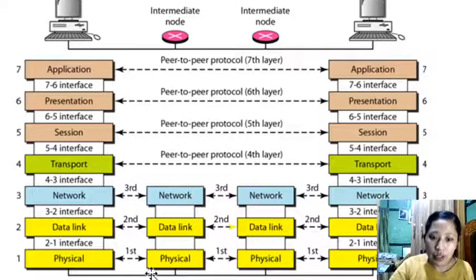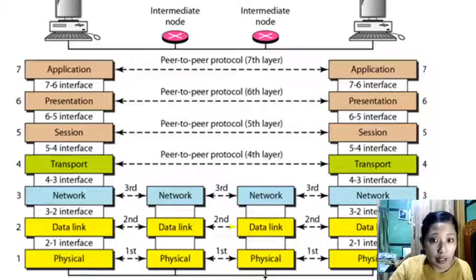That means first of all the message will be taken by physical layer, it will be given to the data link layer, then network layer, and some processing will be done, and again the message will go back to data link layer, physical layer, then again the network, again network will carry that message.